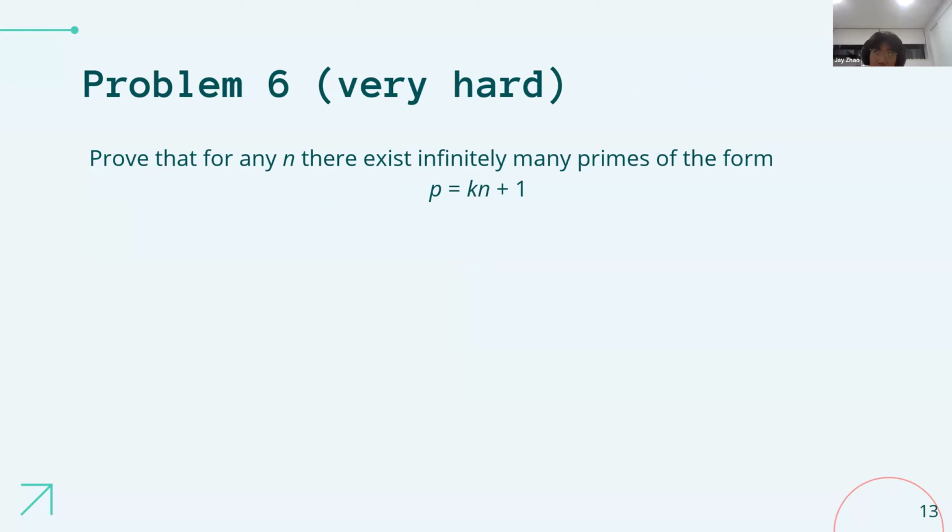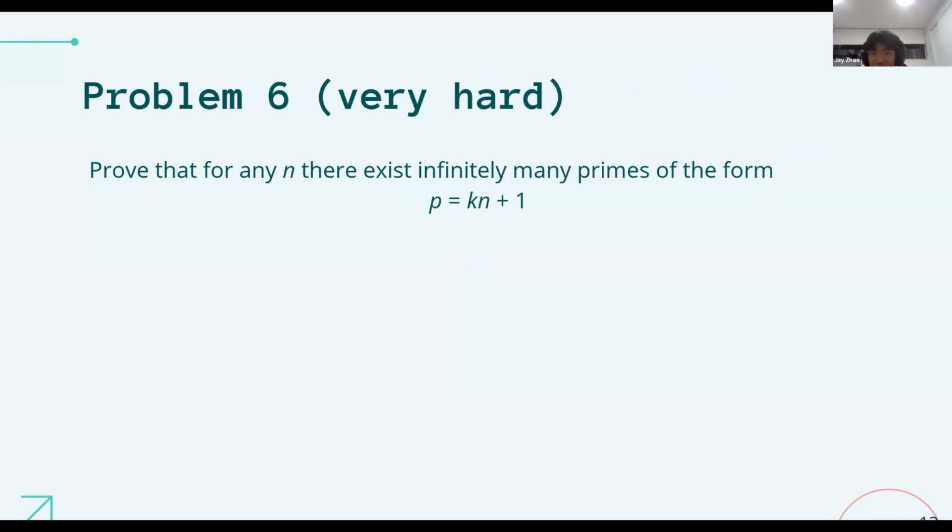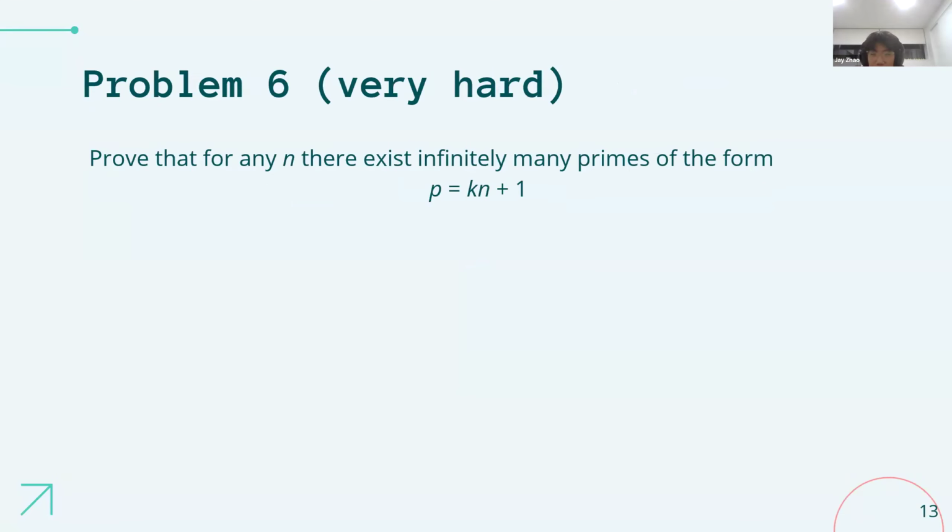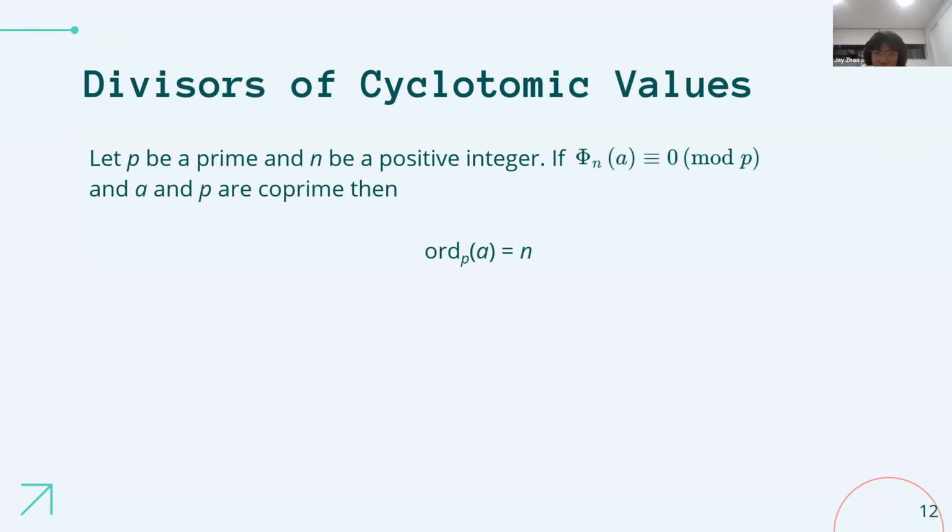I guess a hint is that this pretty directly uses the properties that I just talked about, where if p divides the cyclotomic polynomial of a, then the order of a is equal to n exactly.